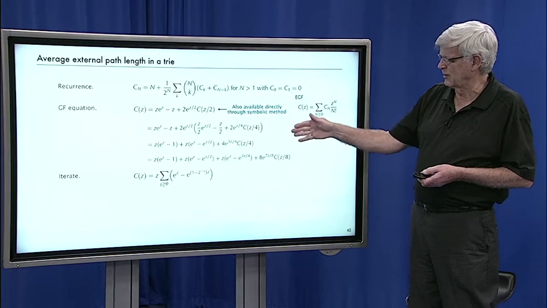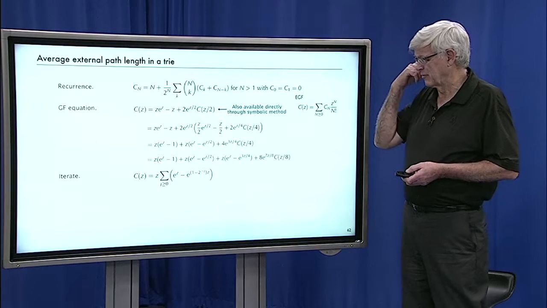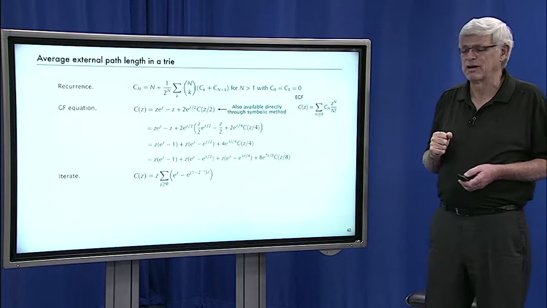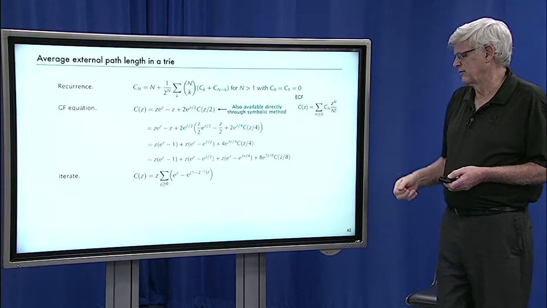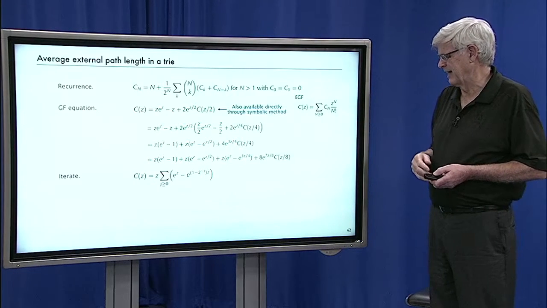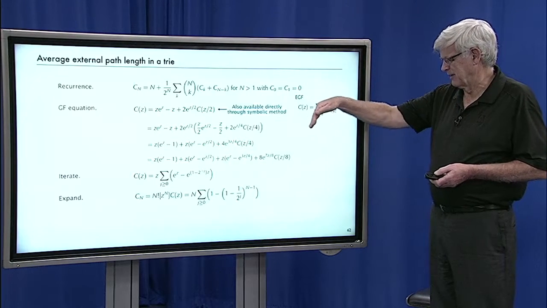An explicit formula for the generating function for the average external path length in a trie. Okay, so we're looking for the coefficient of z to the n in that. Well, n factorial times z to the n in that.